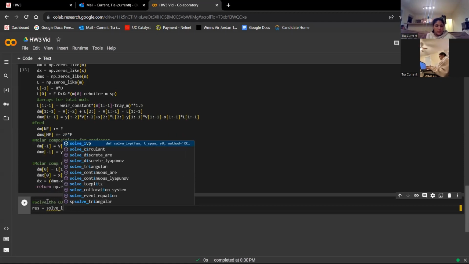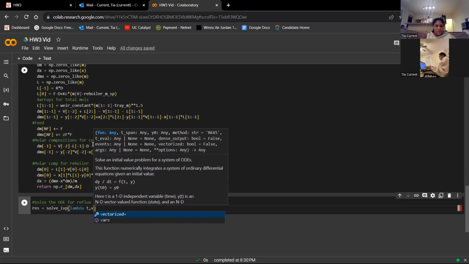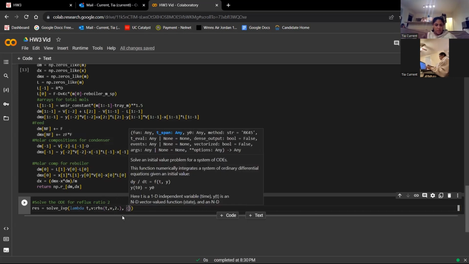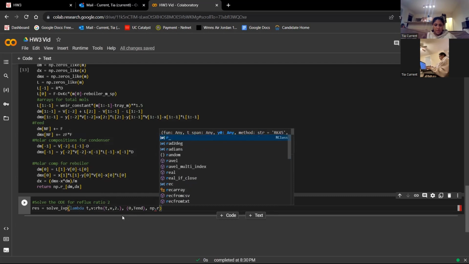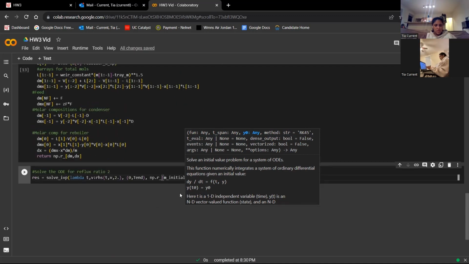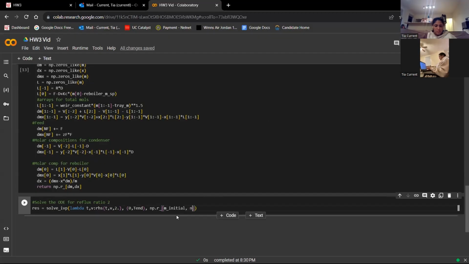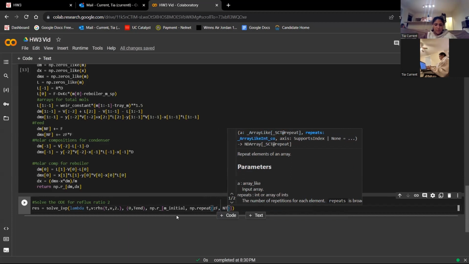So that would be P open parenthesis T, comma, V, S, dot, and open, T end, and P dot R, and M initial, MP dot repeat, and then CF plus 2.